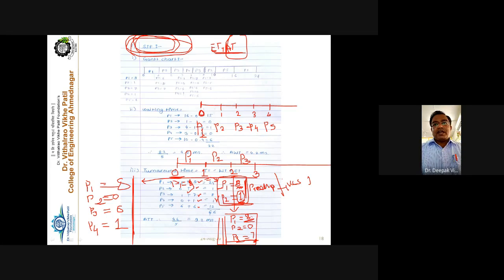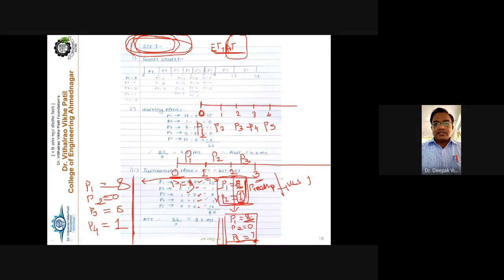This is the picture at the third millisecond. All of you see it carefully. Now at the third millisecond, I have 4 processes for comparison. P1 requires 8 milliseconds for execution, and P2 needs no execution, as it is already executed.